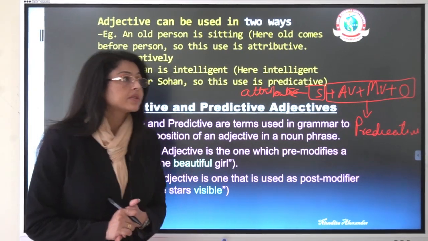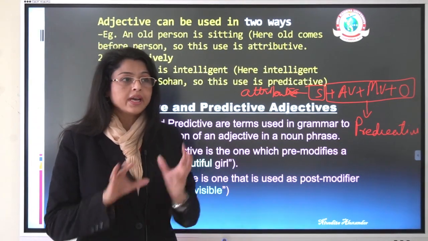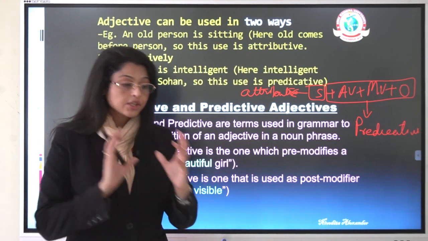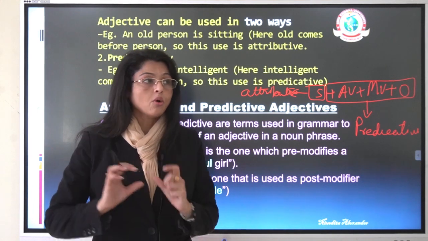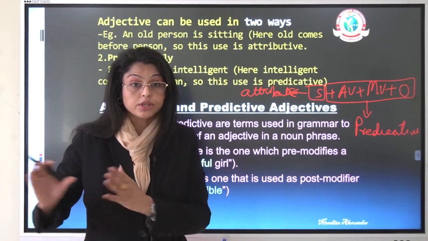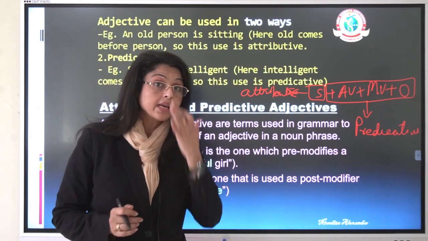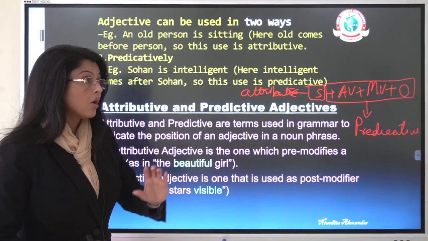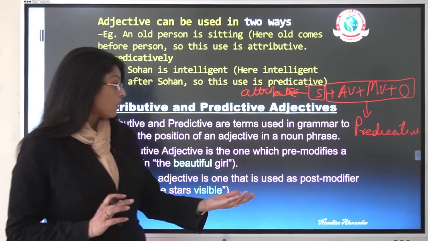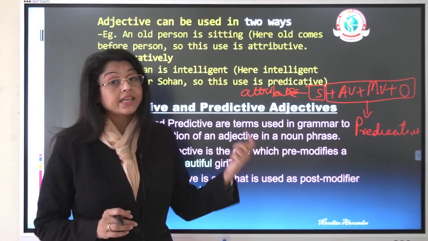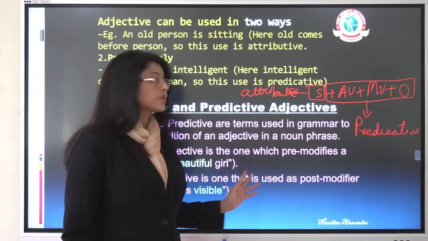For example, if you say it's a beautiful place, the word beautiful comes before the name of the place. Or, Jaipur is a beautiful town, so beautiful is coming before the town, and hence it is called an attributive adjective. When it is used after the noun or a noun phrase, then it is called predicative. The example is: the stars visible.